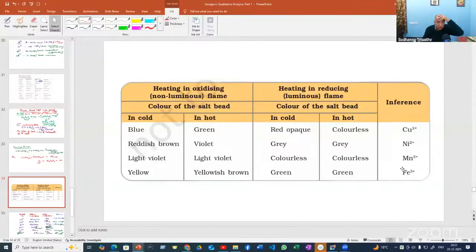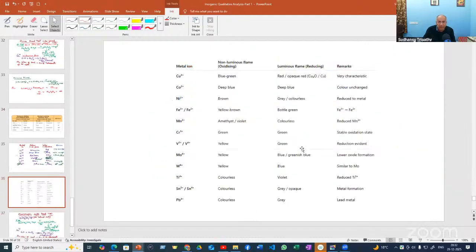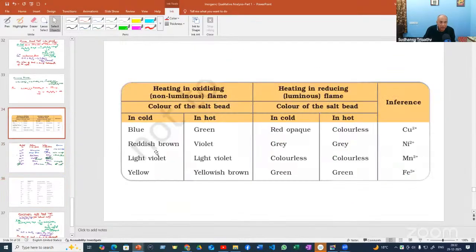Iron metal is not formed. With a luminous flame, the yellow-brown due to ferric is converted to green because of the formation of ferrous, not iron metal. The same thing I have written here, and I have given an extensive list for the luminous flame in cold, here on cold and cold, not hot, but here hot and cold, both the cases.